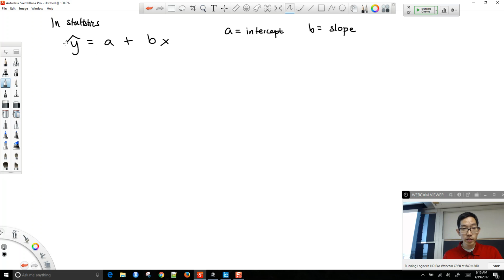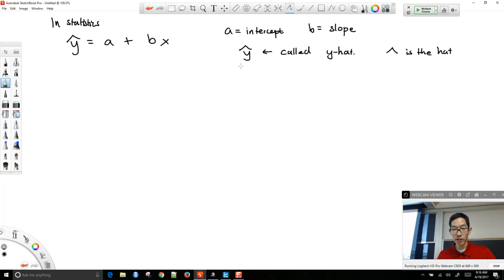The little cap over here is called y hat. Okay, this is called y hat, and this just means it is not actually y, it is something related to y. So whenever you see a hat over something, it means it's not the actual thing, but something related to it.